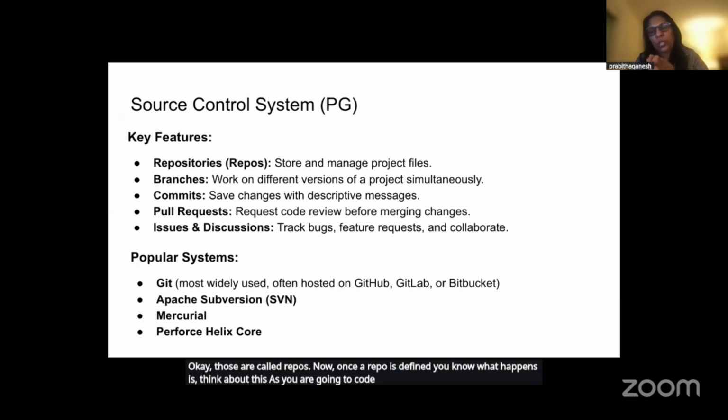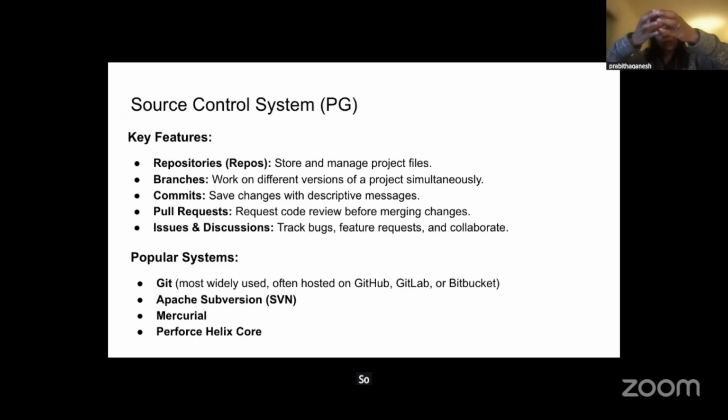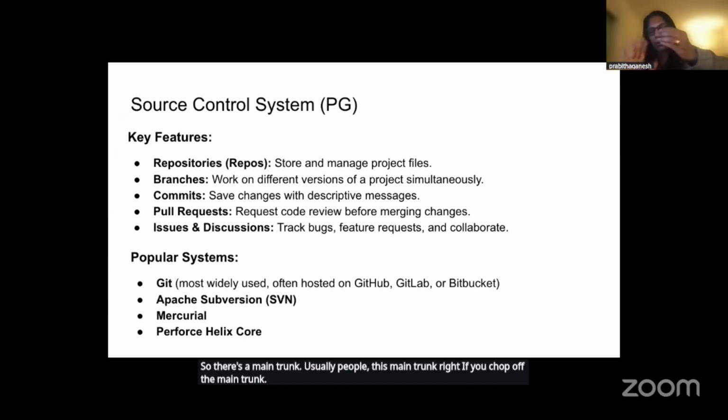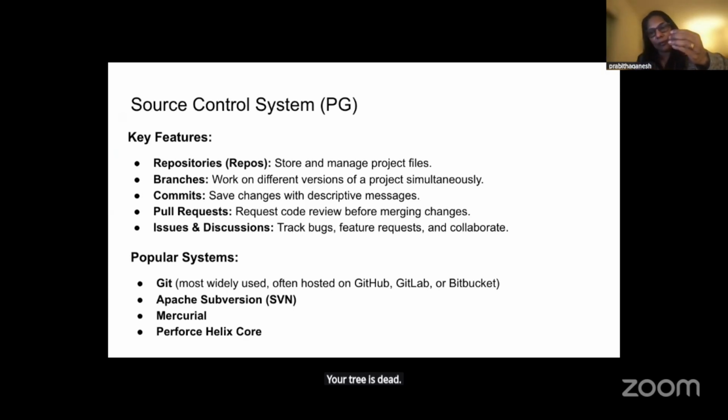Now, once a repo is defined, think about this. As you are going to code, you usually will not be coding in the main trunk. That's what it's called, just like a tree, right?